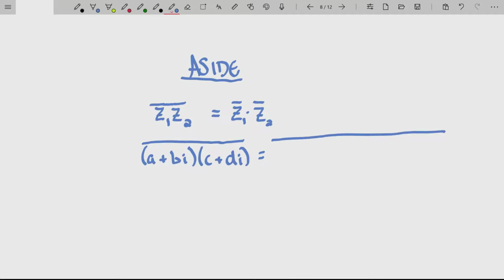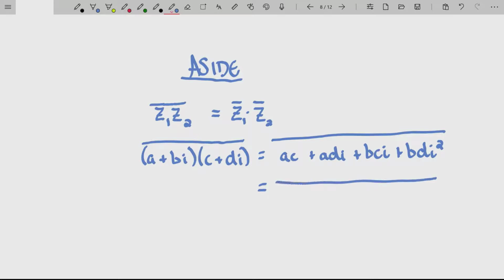So multiplying these together, you will get the following. A times c, plus a times di, plus b times ci, plus b times d i squared. You look at that and you say, that's an absolute mess. It sure is, actually. And this is equal to the conjugate.